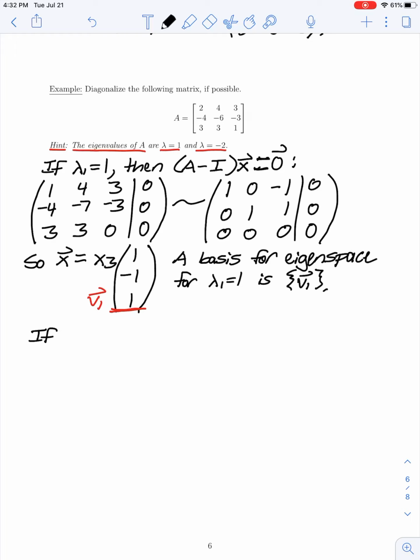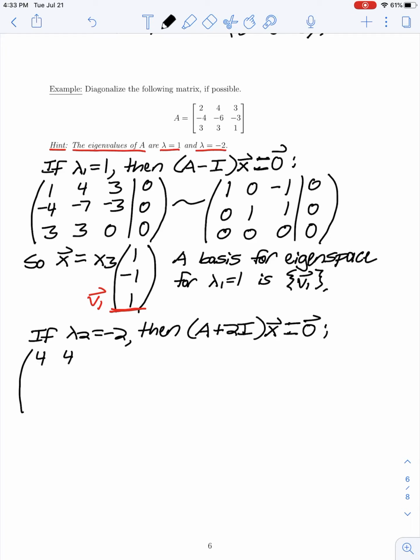So for our other eigenvalue, lambda 2 equals -2, we're looking at the equation A minus lambda I, which was -2, so A plus 2I times a vector x is equal to the 0 vector. And we're looking for non-trivial solutions. So expressing this as an augmented matrix, we're adding 2 to our diagonal entries.